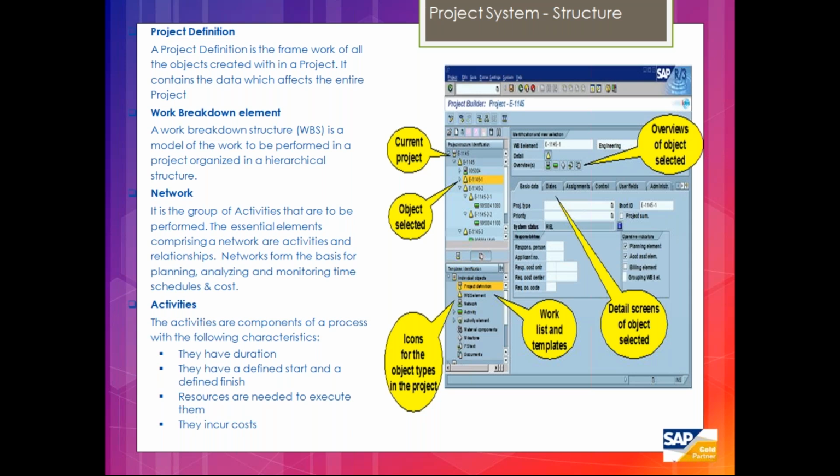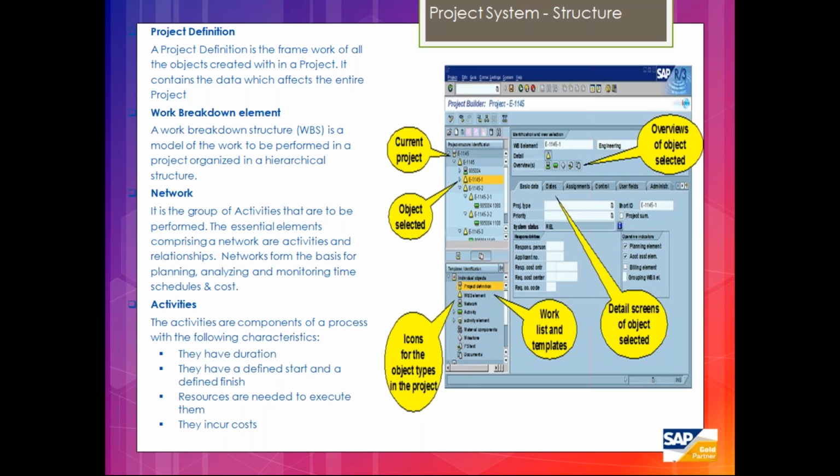You can give different sorts of controls: budgeting controls, planning controls, revenue controls, result analysis, whether this WBS is relevant for planning or not, or whether this WBS is relevant for costing or not. If you go through each parameter, there are the basic data, dates, assignments, controls, and some user fields. As per your business requirement, you can configure them.